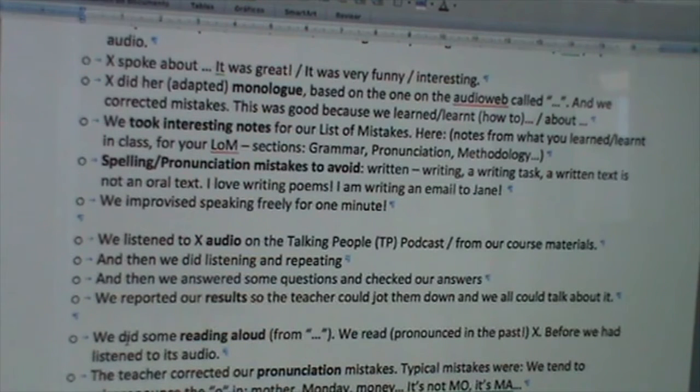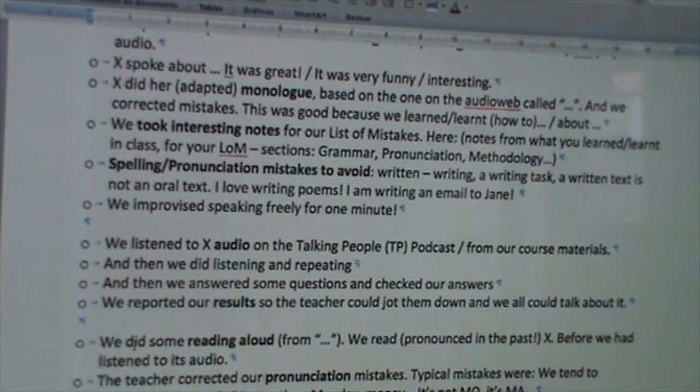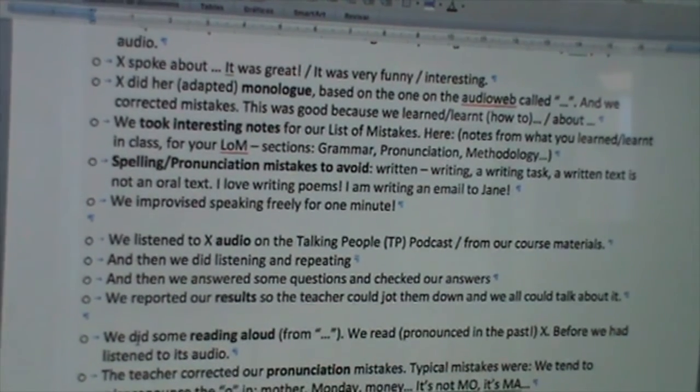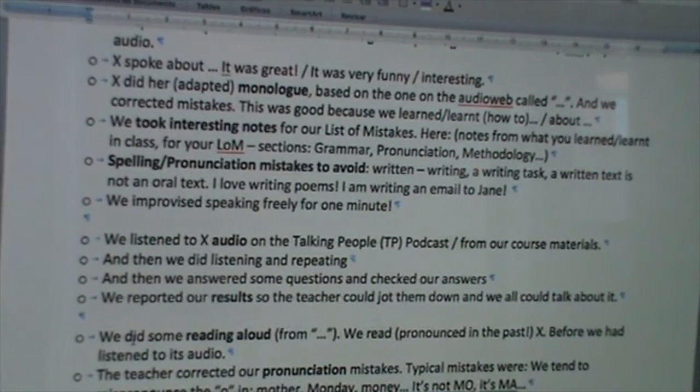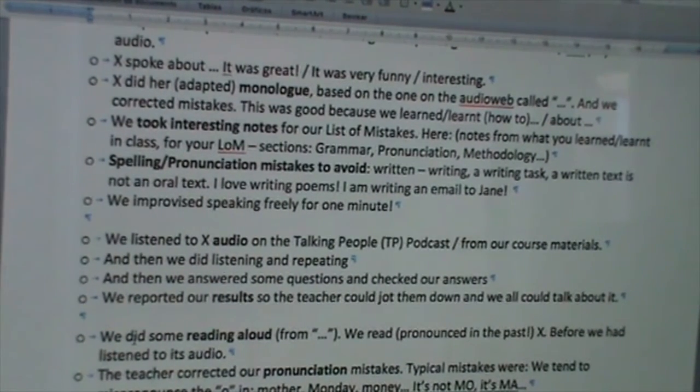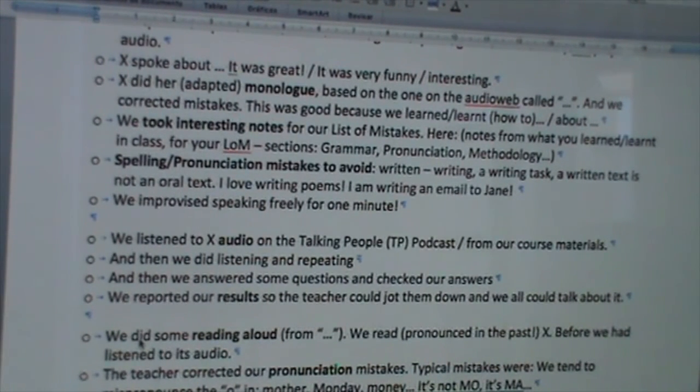It appears after verbs of likes and dislikes for British people. I love writing, okay? In the USA we say, I love to write, so there's no difference there. But anyway, I would love to write a letter this evening, for instance. Or we improvised speaking freely for 1 minute.